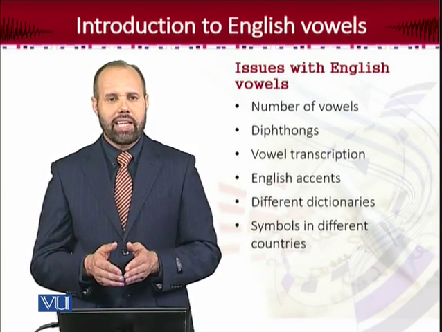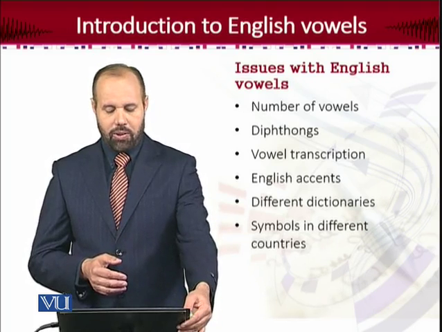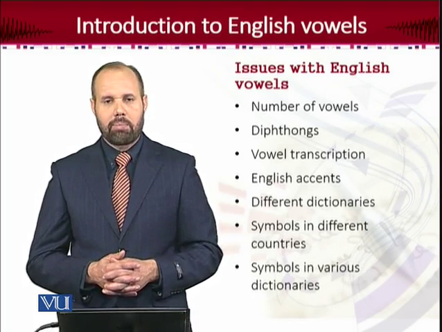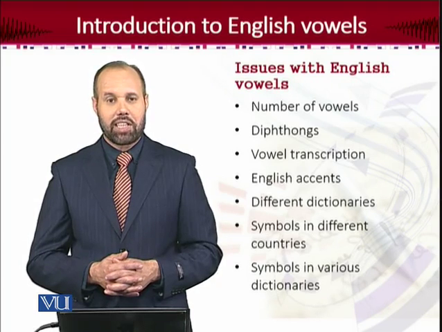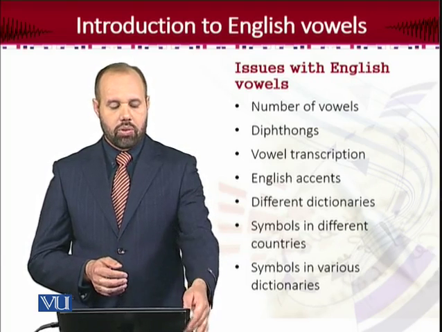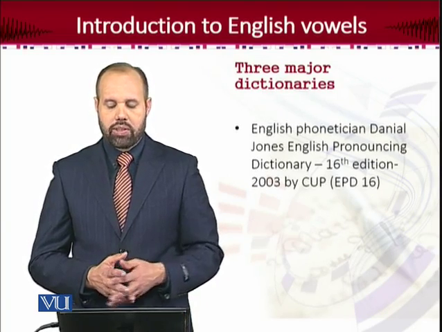But how many experts follow the IPA exactly? So there is also a problem of these symbols. And then symbols are also different in various dictionaries. Maybe the IPA symbols are not applied always. So that's also part of the issues related to English vowels.